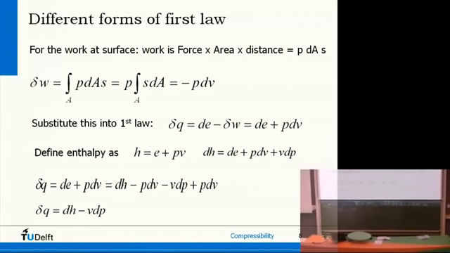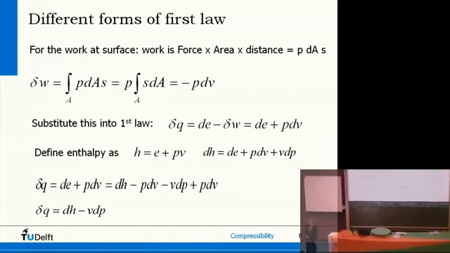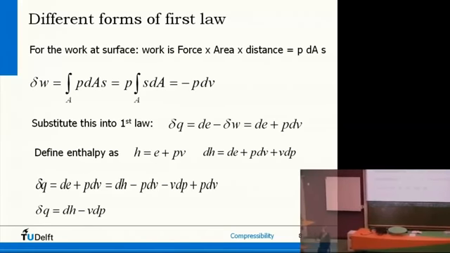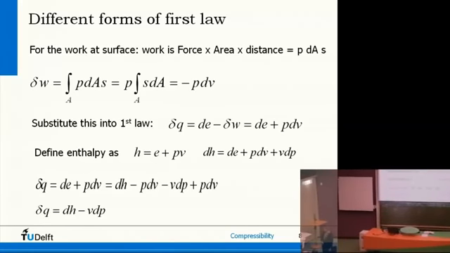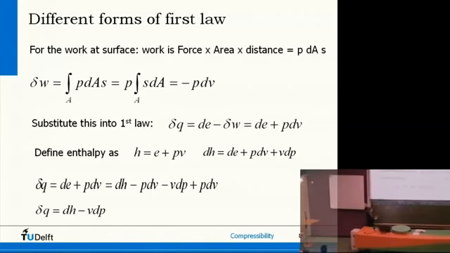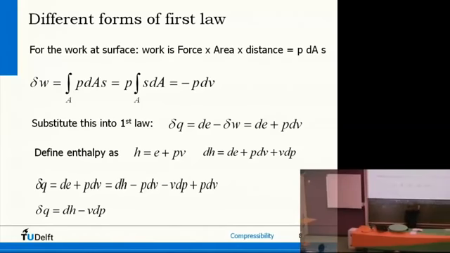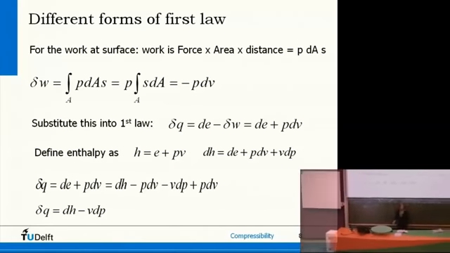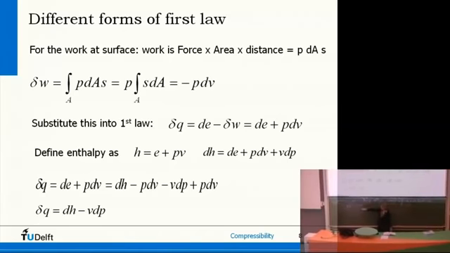Then the work performed is force times distance to push this small thing in, so F times ds. The force was P times dA. So the work is F times s, and F is P dA on this small thing.